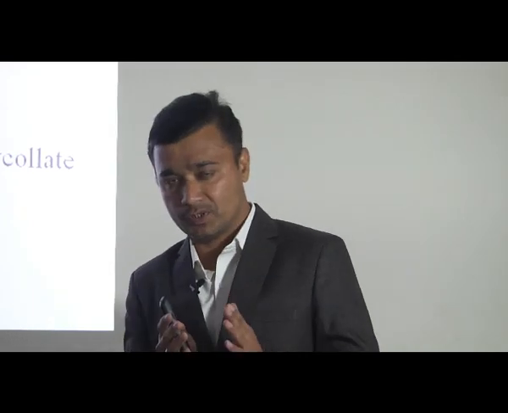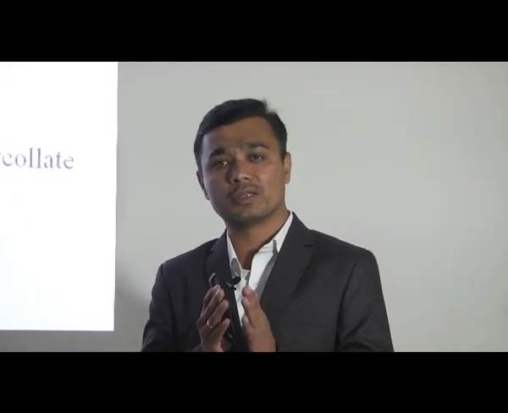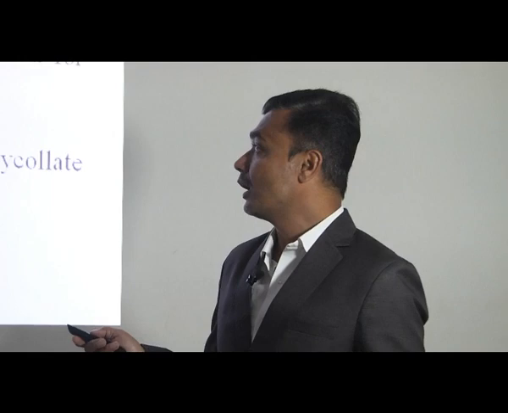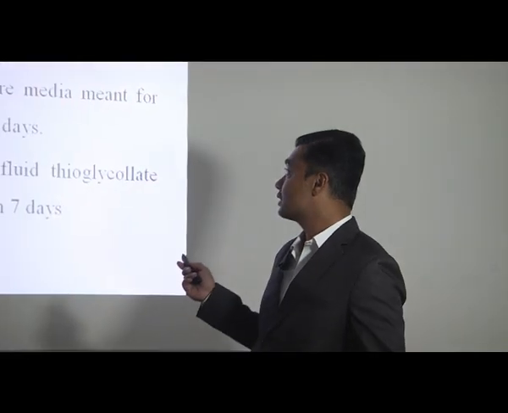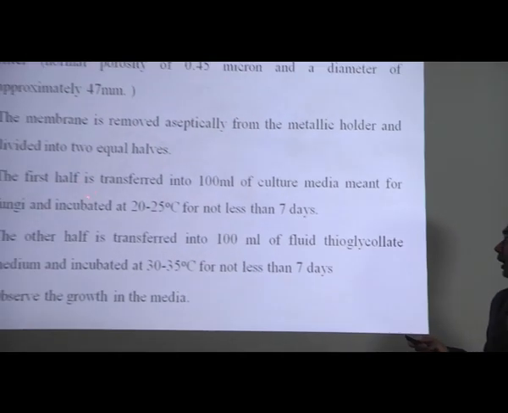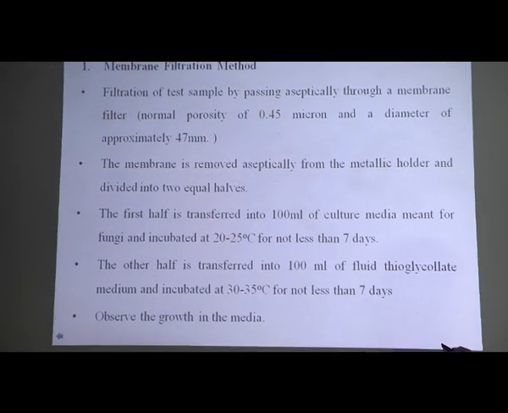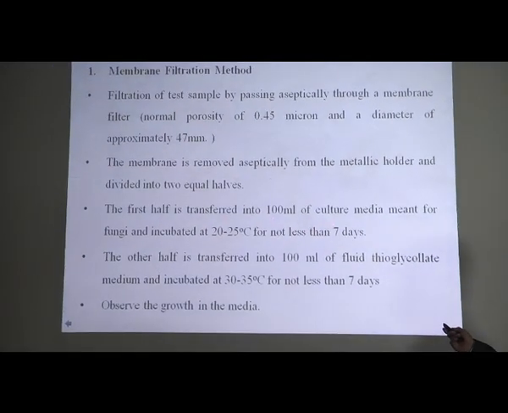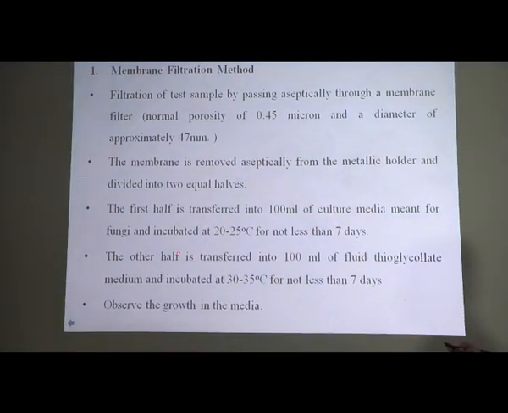The first half is transferred into culture media meant for fungi and incubated at 20 to 25 degrees Celsius for not less than 7 days. The other half of the membrane filter is transferred into the fluid thioglycolate medium and incubated for not less than 7 days at 30 to 35 degrees Celsius, and then the growth of microorganisms is checked.